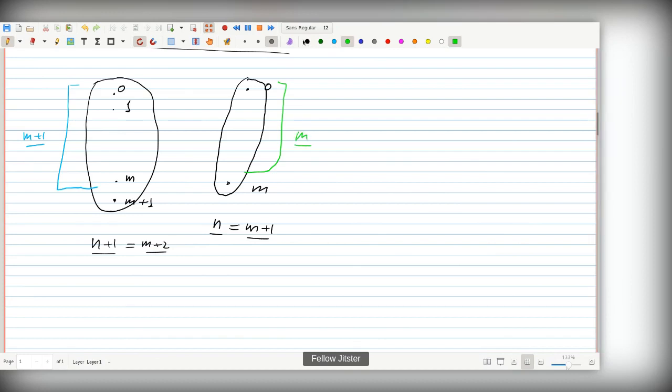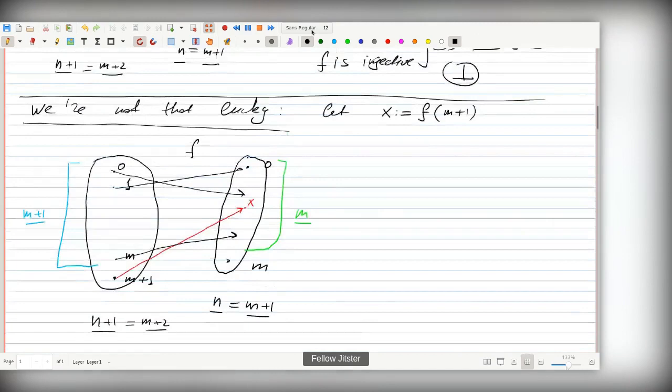And somewhere here we have our x. So x is the value of f at m plus 1. So my idea is quite simple. I want to swap x with m.